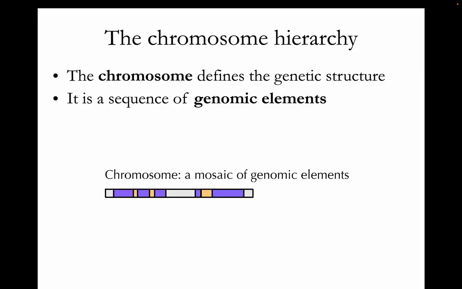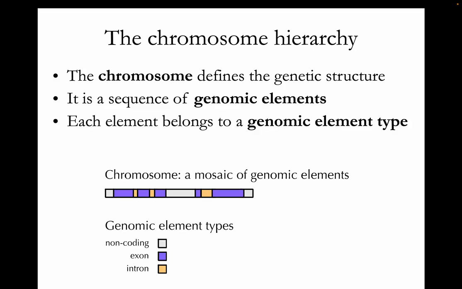One set of classes in SLiM comprises what I call the chromosome hierarchy. In this hierarchy, there's a top-level object called the chromosome that defines the genetic structure of your model as a sequence of genomic elements. In the diagram below, you can see a depiction of a chromosome object in SLiM as a mosaic of genomic elements shown in different colors.